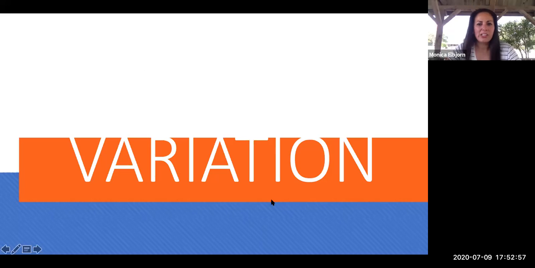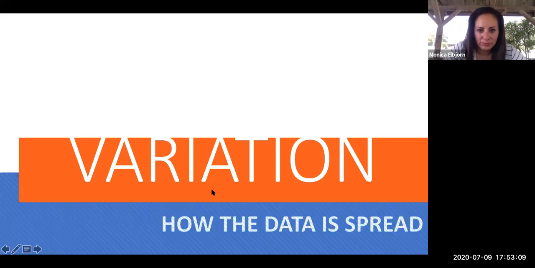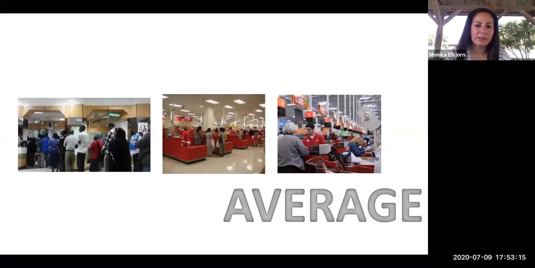Have you guys heard or found out how we can determine the variation between samples? So variation is how the data is spread. A quick example that I showed you guys was the experiment of having 3 people waiting in line at different grocery stores.